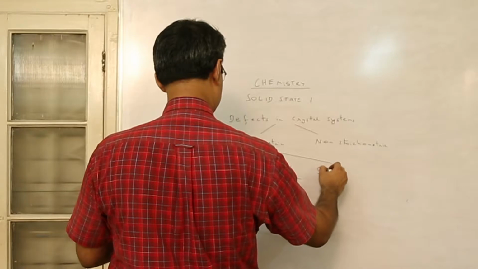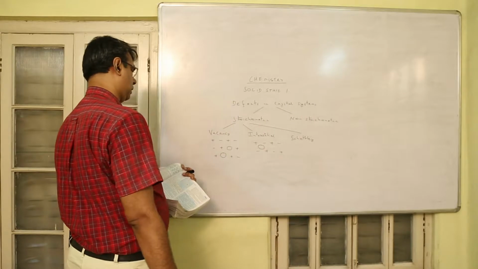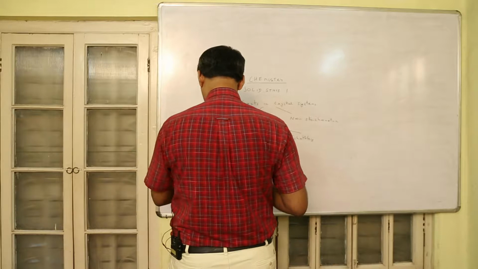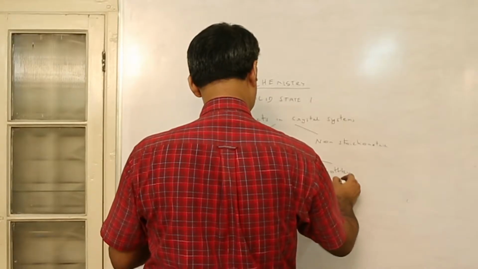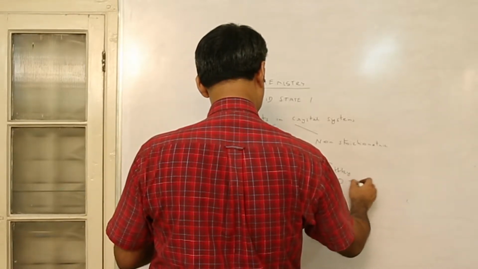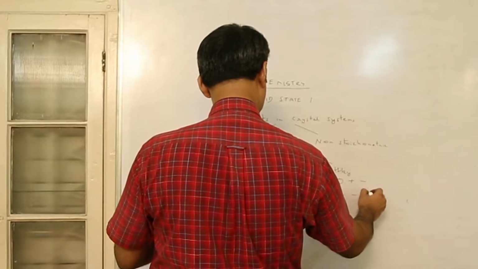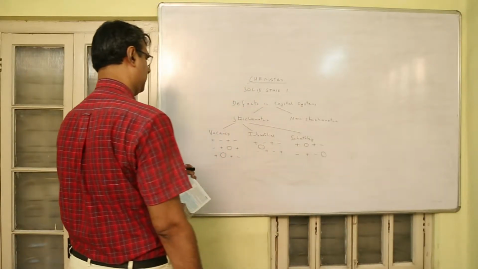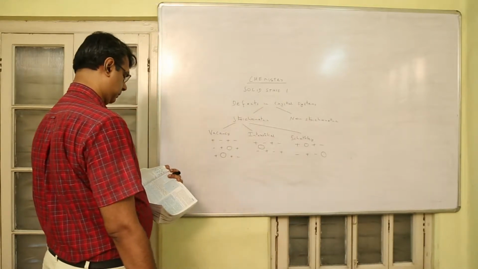The third one is known as Schottky defect. In Schottky defect, what happens is equal number of cations and anions are missing from their lattice positions.